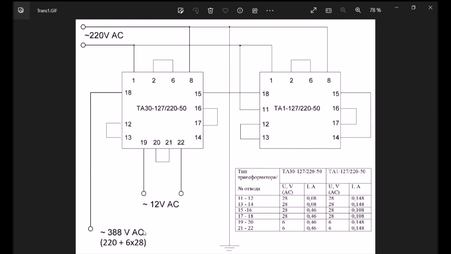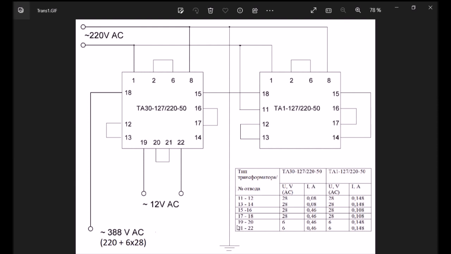So it gives us 388 volts AC, which when rectified gives us about 550 volts in plus and minus in regard to the ground. So it is much more than enough to charge our electrolytics to 450 volts.